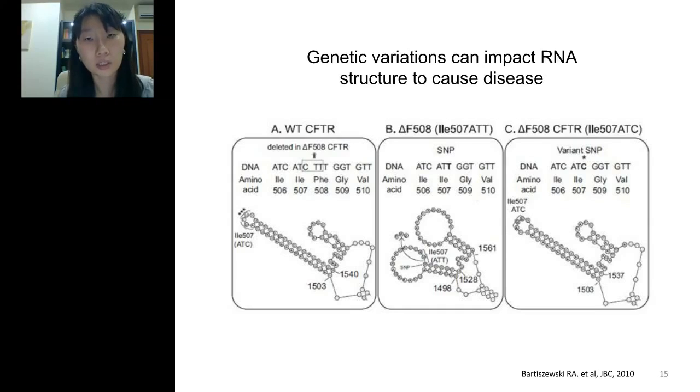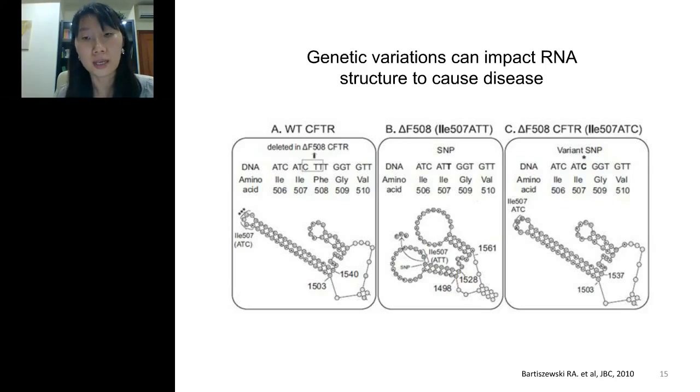Shown here are three nucleotides that are deleted in this important protein in cystic fibrosis. And for the longest time, people thought it was because of this deletion that caused protein misfolding and hence resulted in the severe phenotype of this disease.